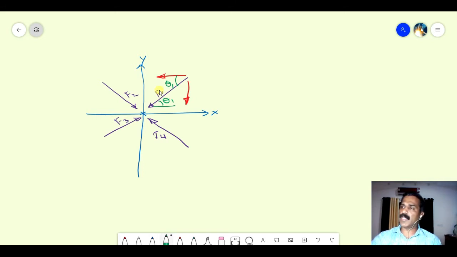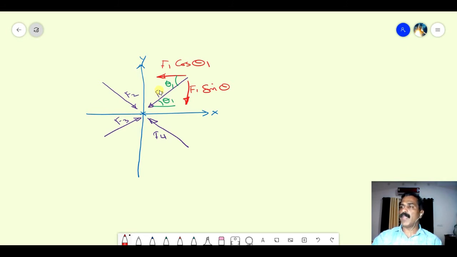Therefore what will be this component? The horizontal component will be F1 cos theta 1. Is it clear? And the vertical component is F1 sin theta 1.